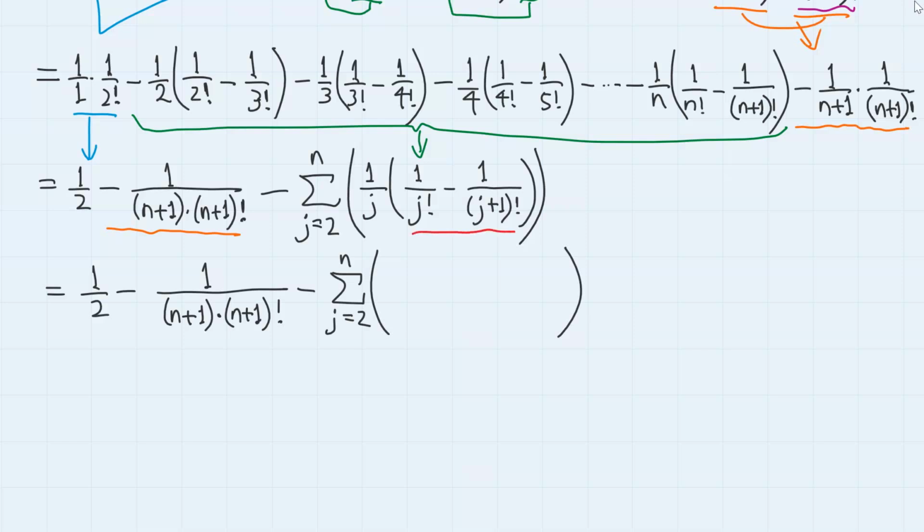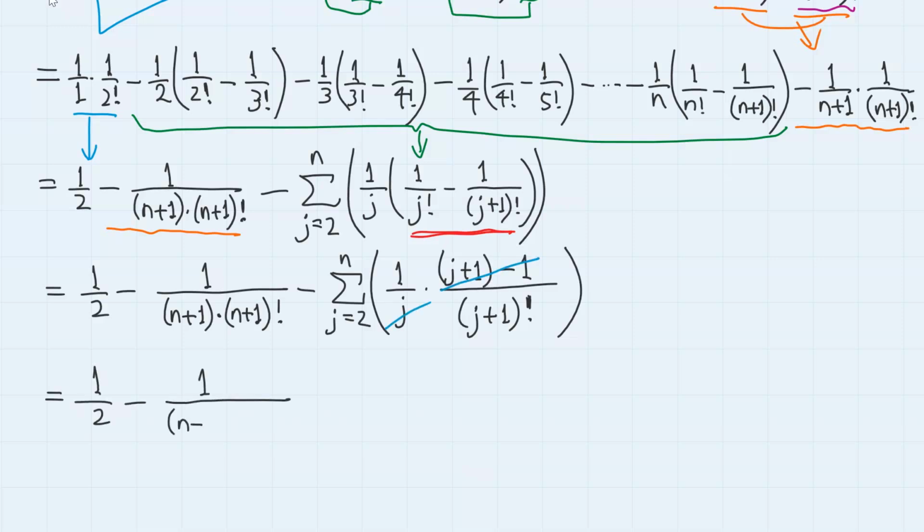And this part can be simplified by using the common denominator j plus 1 factorial, which gives the numerator j plus 1 minus 1. So we simply have the summation of 1 over j plus 1 factorial, j from 2 to n.